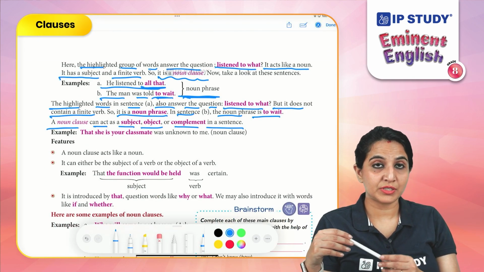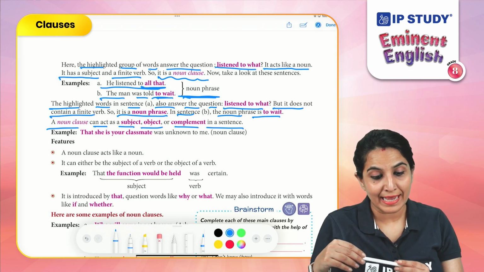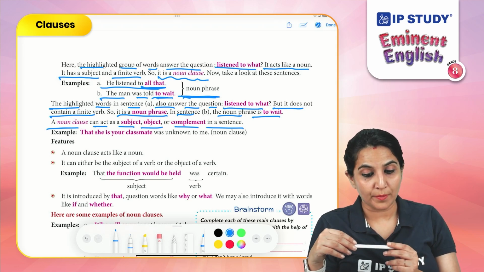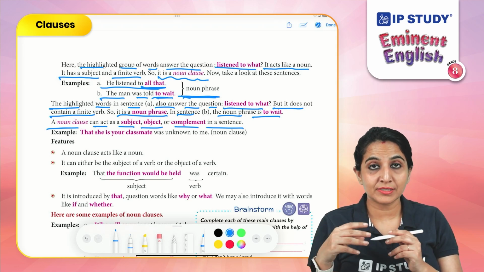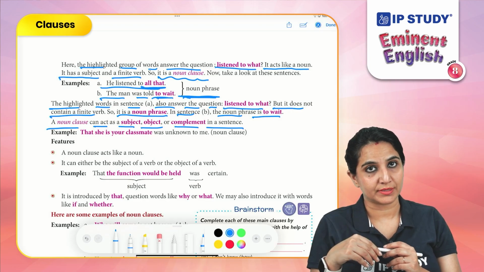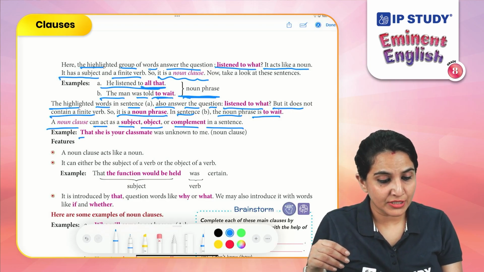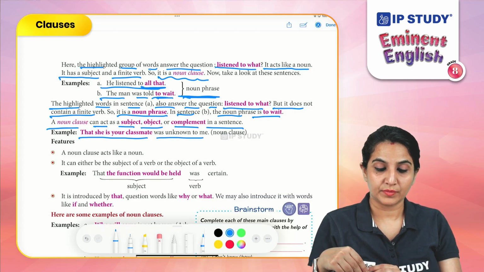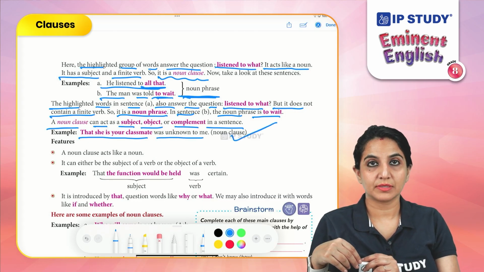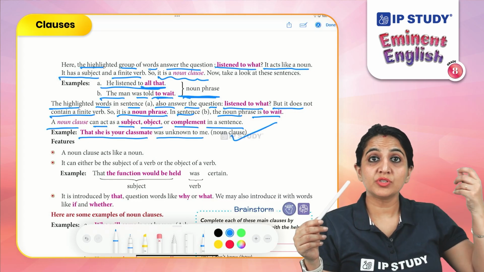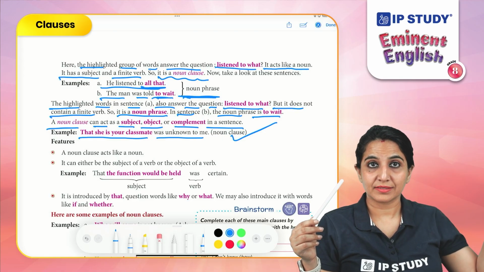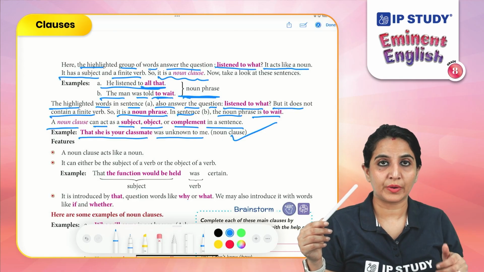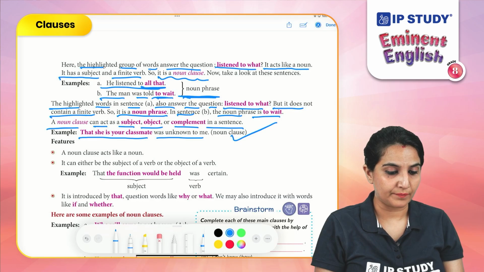Similarly, as we just discussed, a noun clause can act as a subject, object, or complement in a sentence. Let us look at one example related to this. That she is your classmate was unknown to me. This is a noun clause, because the fact that she was your classmate was unknown to me.